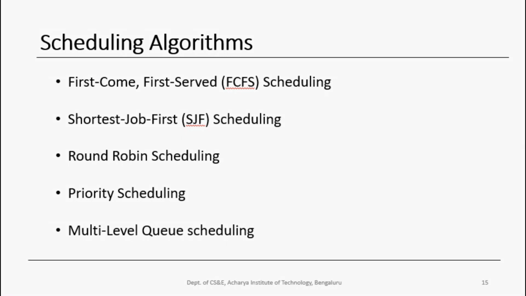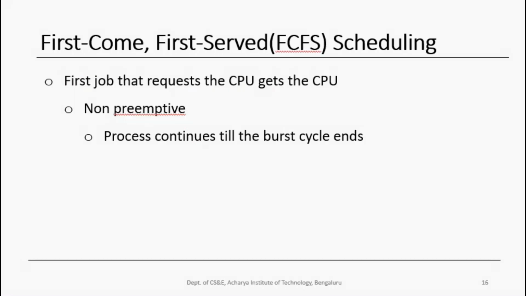Let me first take up the first come first served scheduling algorithm and discuss it in detail. First come first served is the simplest of all the algorithms. Here, whichever process makes the request for CPU first will get the CPU first.